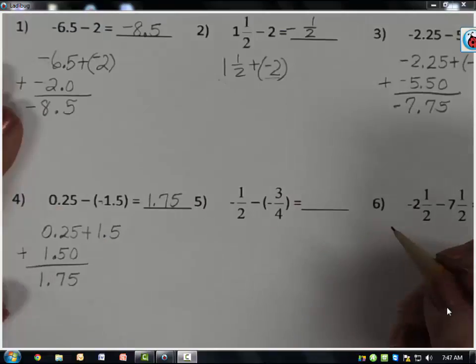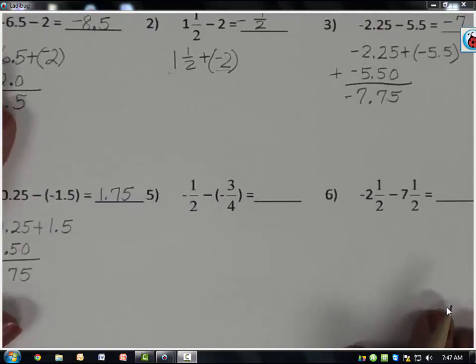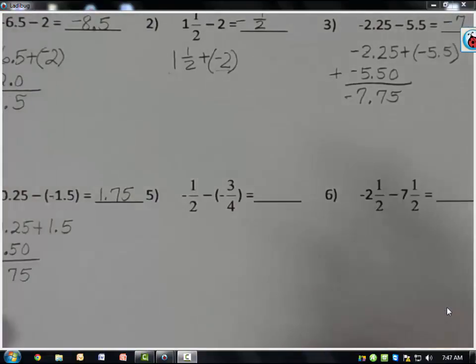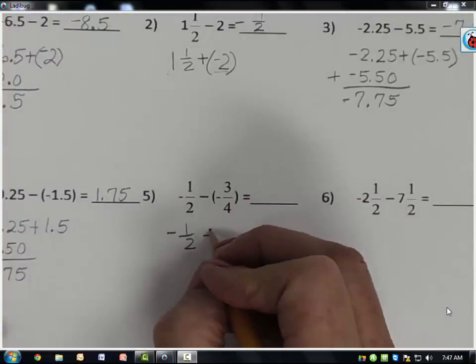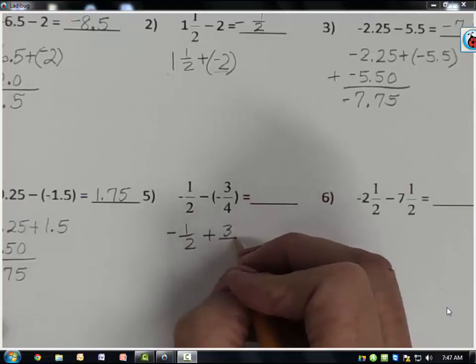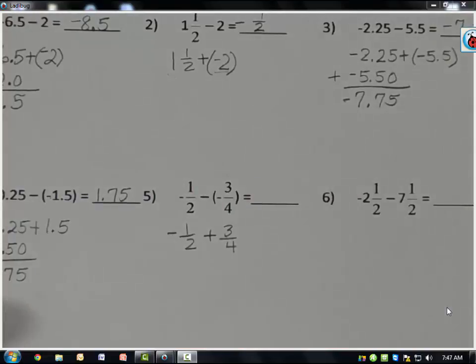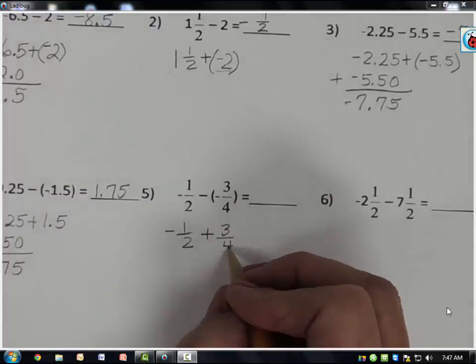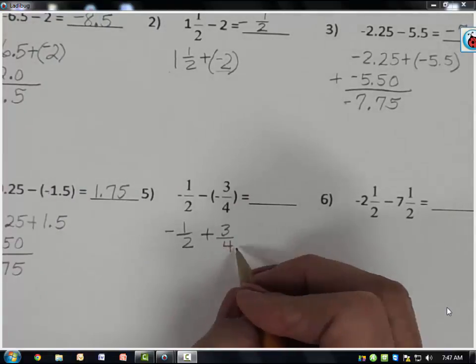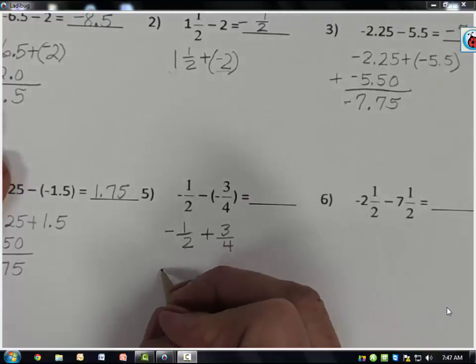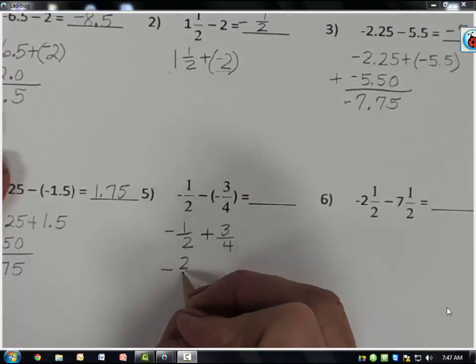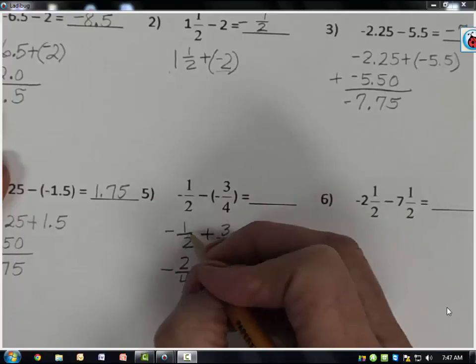Next, negative 1/2 plus positive 3/4. Now this time we have to find a common denominator. So between 2 and 4, 2 actually goes into 4, so we're going to use 4 as the common denominator. So we're going to change 1/2 to negative 2/4 because we had to multiply both of these by 2 to get 2/4.